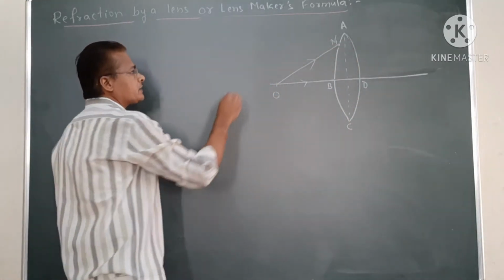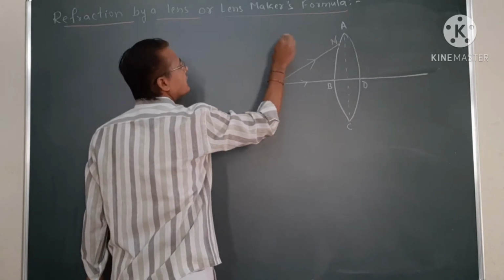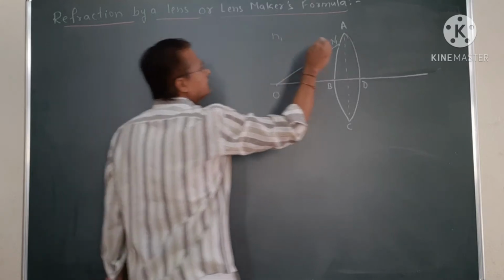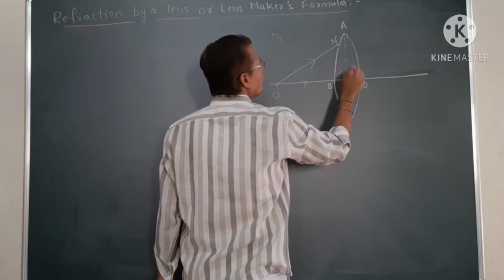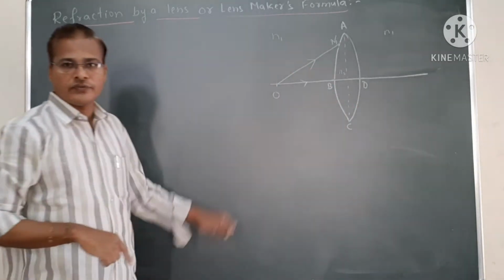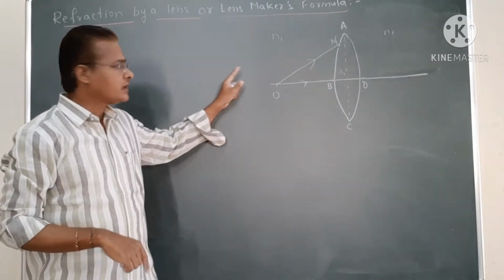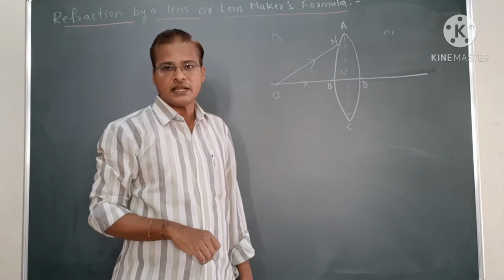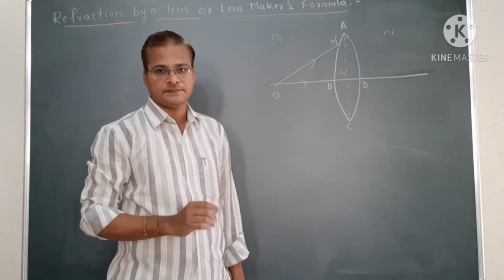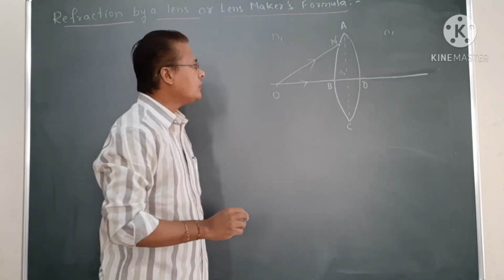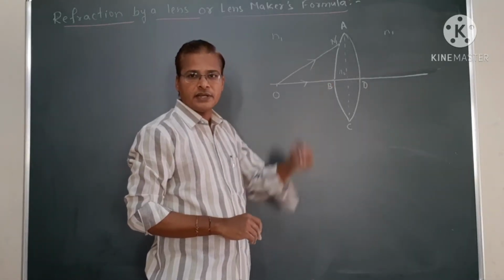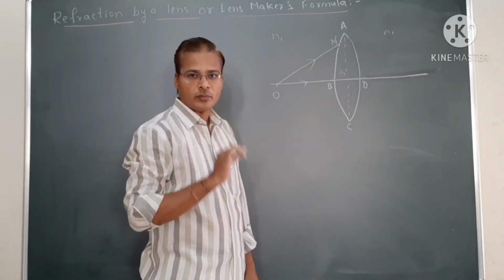Here N1 is the refractive index of the rarer medium, and N2 is the refractive index of the glass medium. Again there is the rarer medium. When a ray passes from the rarer medium to the denser medium, it will be bent towards the normal.